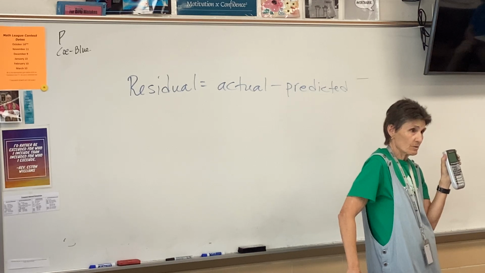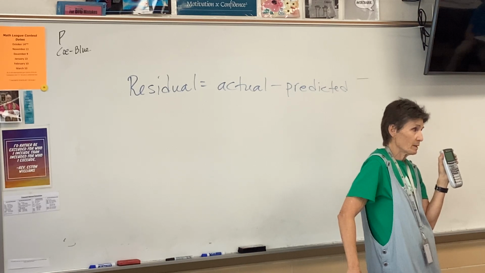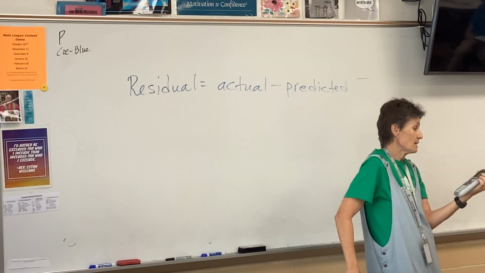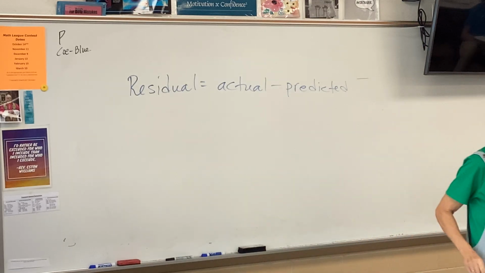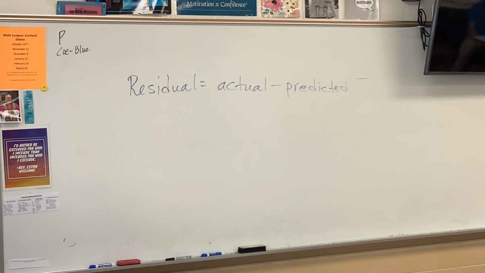But your calculator is going to be useful, so we want to make sure we can do it on our calculator. What's the interpretation? If the residual is negative 0.07, for a baby that's 5 weeks old, the model overestimated by 0.07 pounds or kilograms, whatever our measurement was.